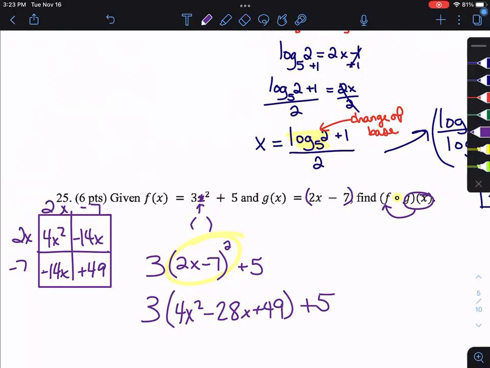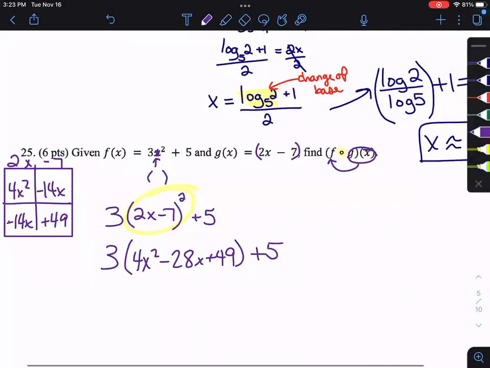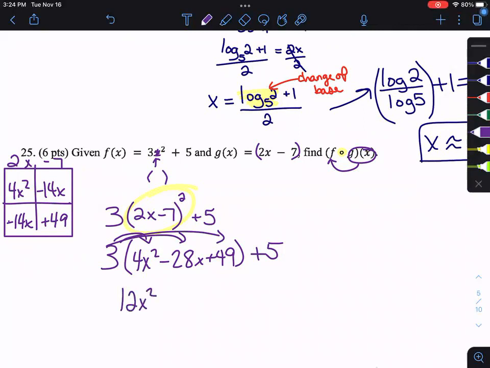In order to get rid of the parentheses, now we need to distribute the 3. So 3 times 4x squared is 12x squared. 3 times negative 28x is negative 84x. And 3 times 49 is 147. 3 doesn't get distributed to the plus 5.